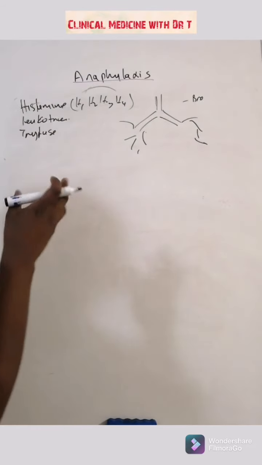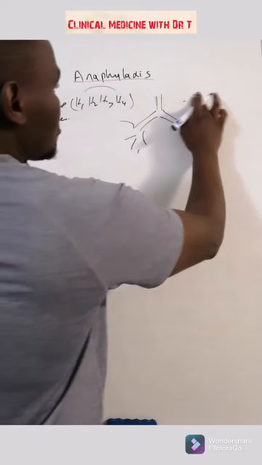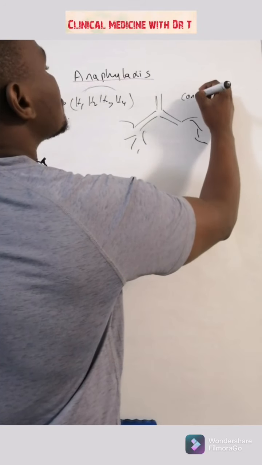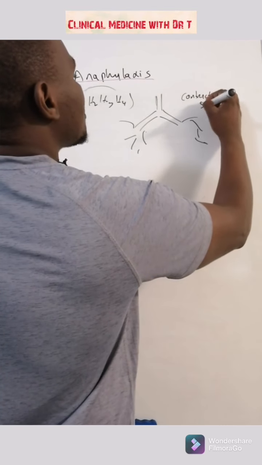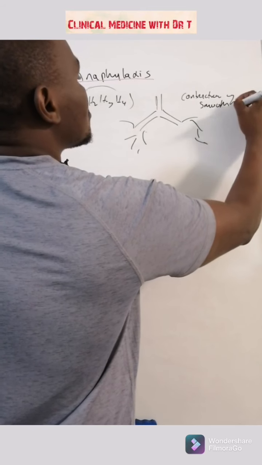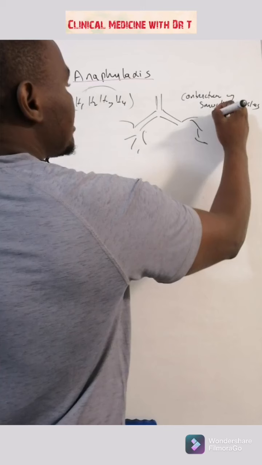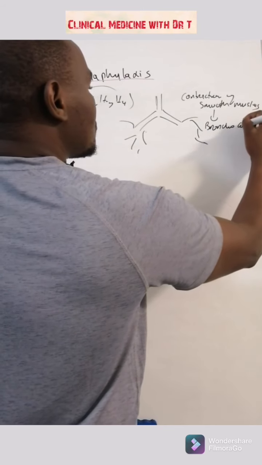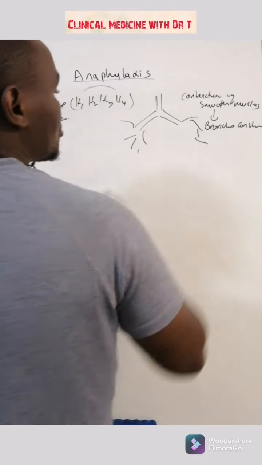bronchoconstriction. So there's contraction of the smooth muscles. This causes bronchoconstriction.